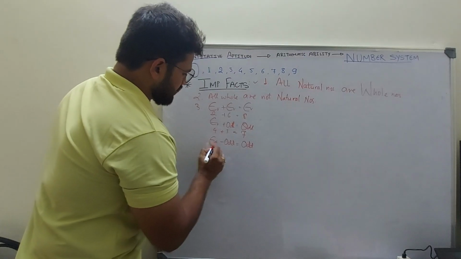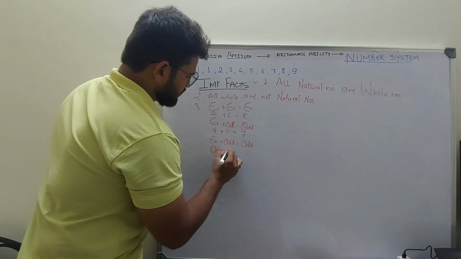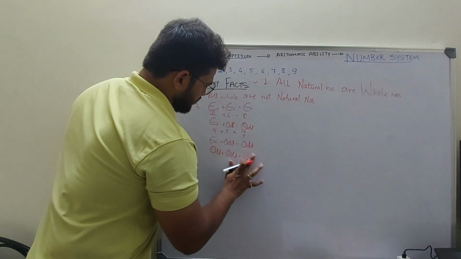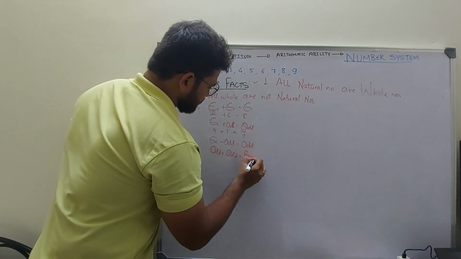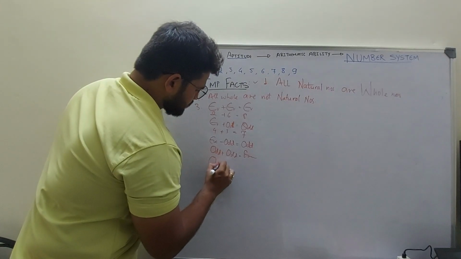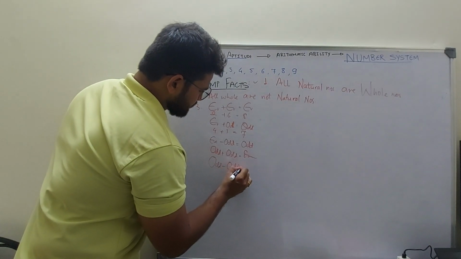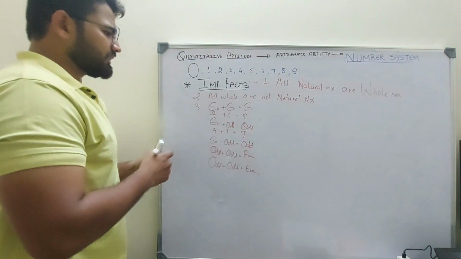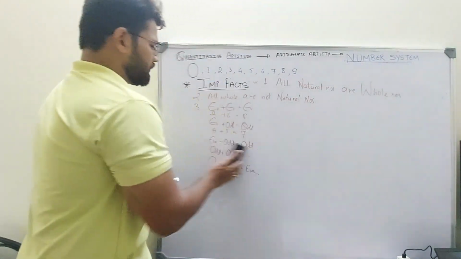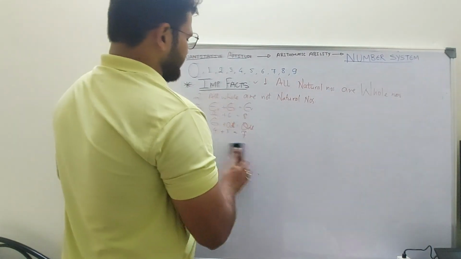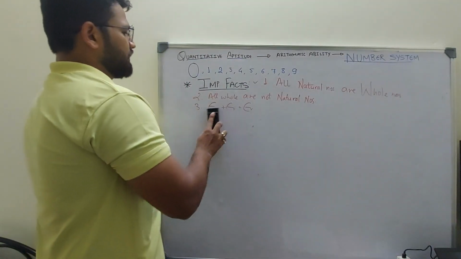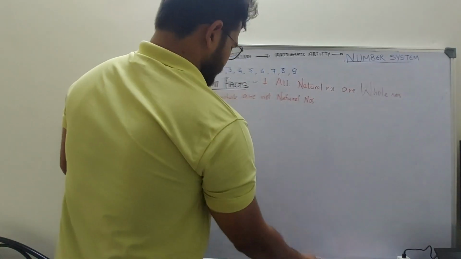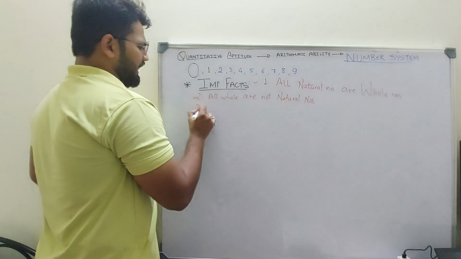Then odd plus odd is even. Odd minus odd is even. So these are just combinations. You can try on your own also. I won't give much value to this, but remember, these are facts. Simple, all the combinations.